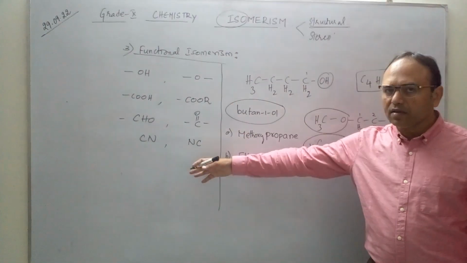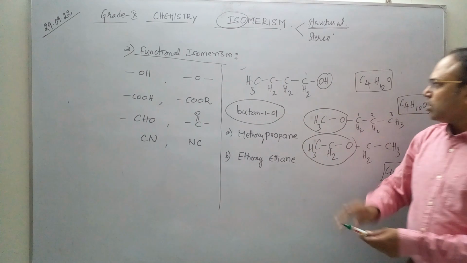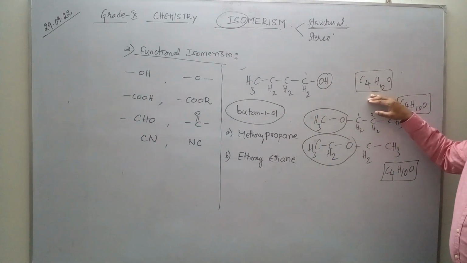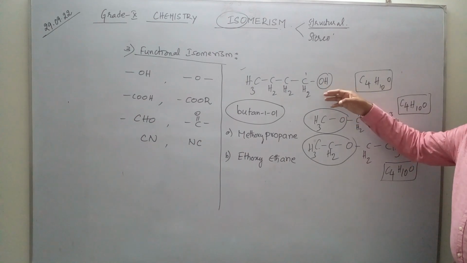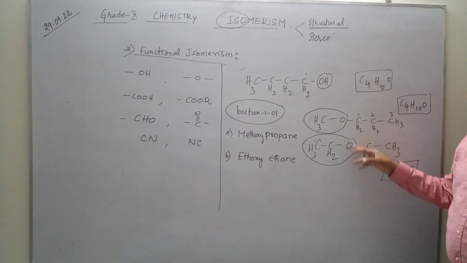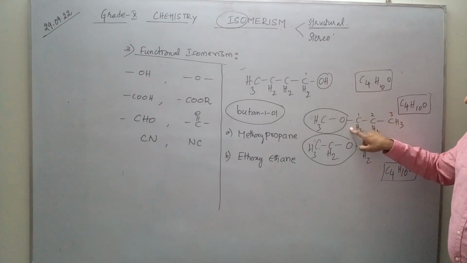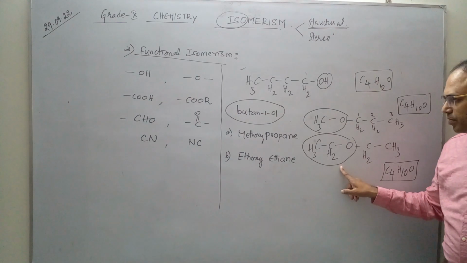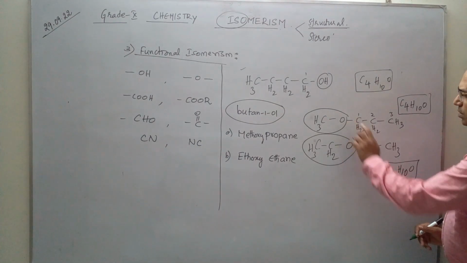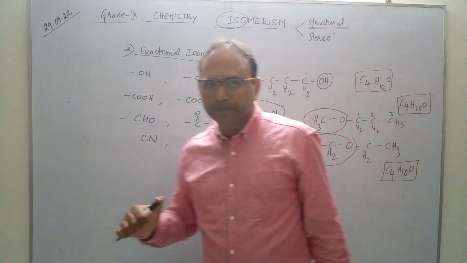Similarly we can take any other functional group combination also. So here we can say that alcohol with molecular formula C4H10O has 2 different functional isomers, that is ether. This one can be the functional isomer for this one, and when you check these two, they will be considered to be the position isomers. So already we have discussed that.